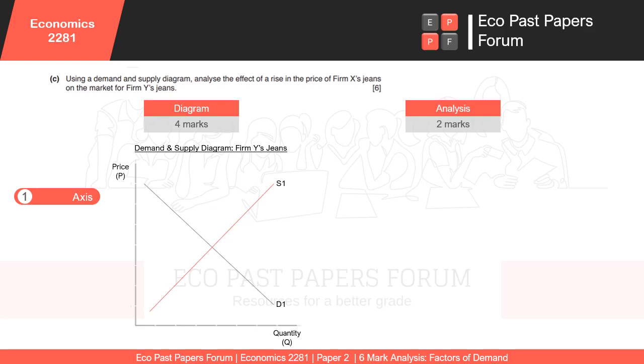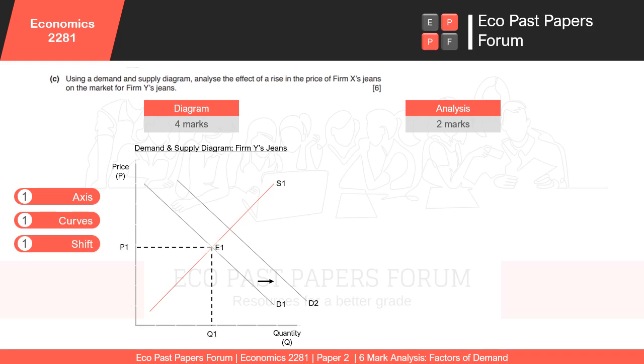Then I draw the demand curve, which is downward sloping, and the supply curve, which is upward sloping. And then I know that the demand curve is going to shift forward. I draw that as well. I get 1 mark for drawing the right curves. If I show the shift, I get 1 mark.